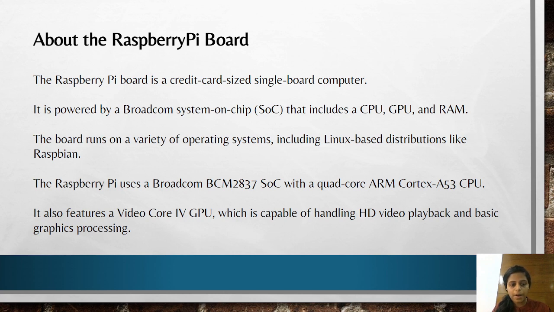The Raspberry Pi uses a Broadcom BCM 2837 SoC with a quad-core ARM Cortex A53 CPU. It also features a VideoCore 4 GPU, which is capable of handling HD video playback and basic graphics processing.